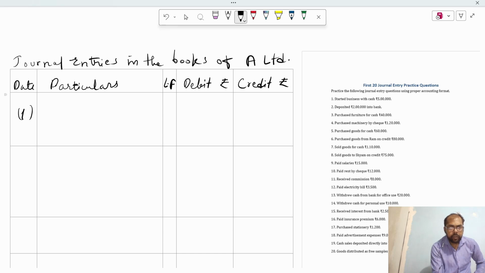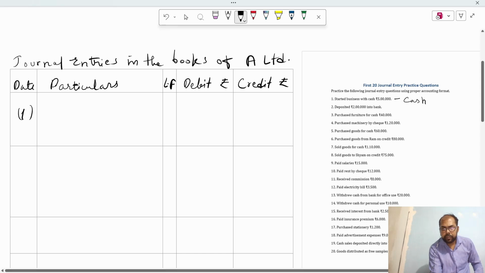Now, the very first entry says that it started business with cash, rupees 5 lakh. So what is happening here? See, the first step in performing journal entries is understanding or identifying to which class or category the item belongs. There are two items here, if you can clearly see. There is cash and there is capital.